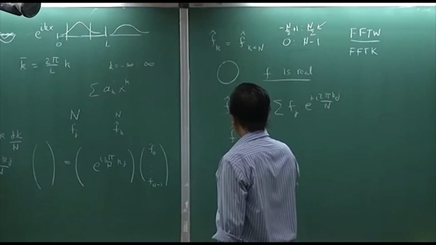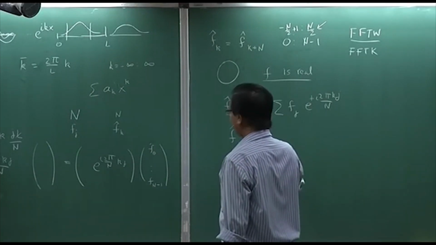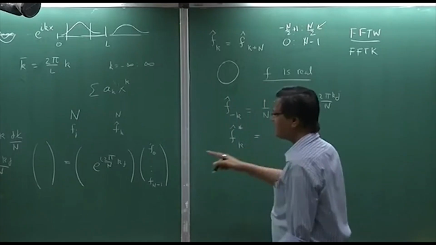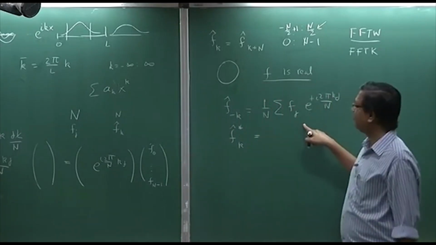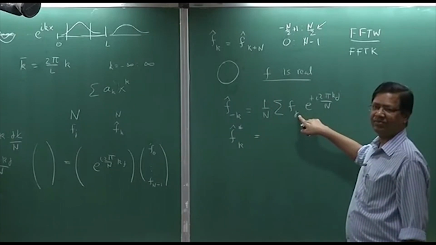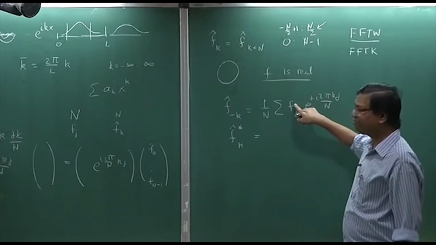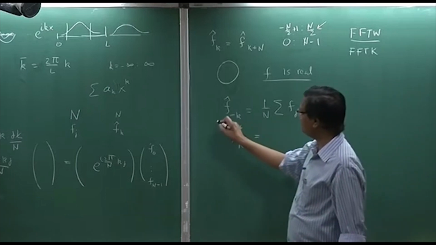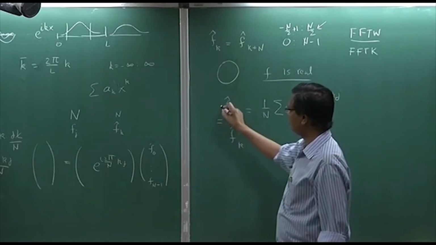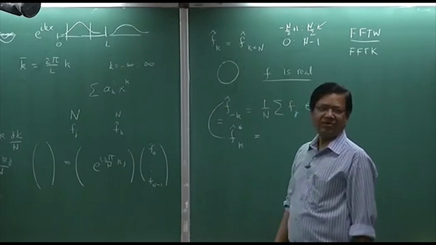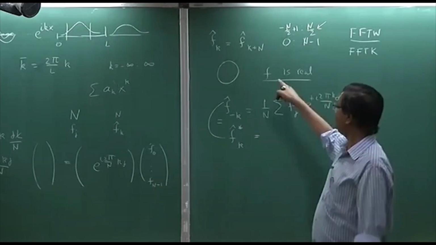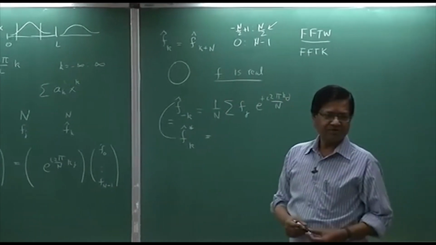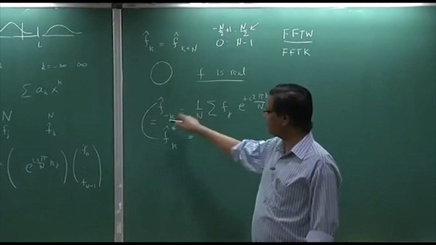So, f hat of k star is in fact exactly the same as this, because f_j is real. The complex conjugate of this is the same as itself. So, it turns out these two must be equal. I said if f is real, this property must be satisfied.